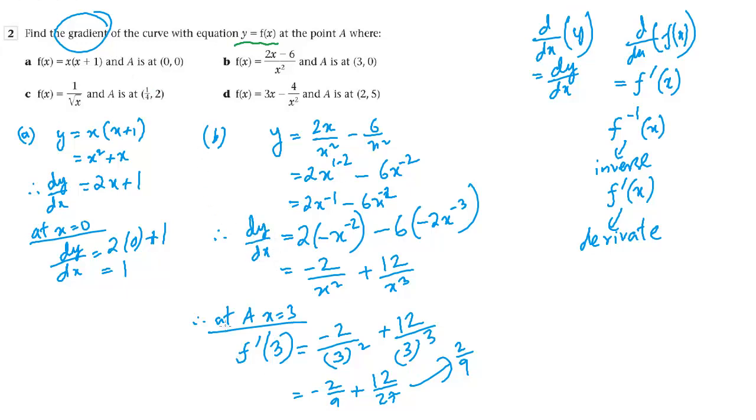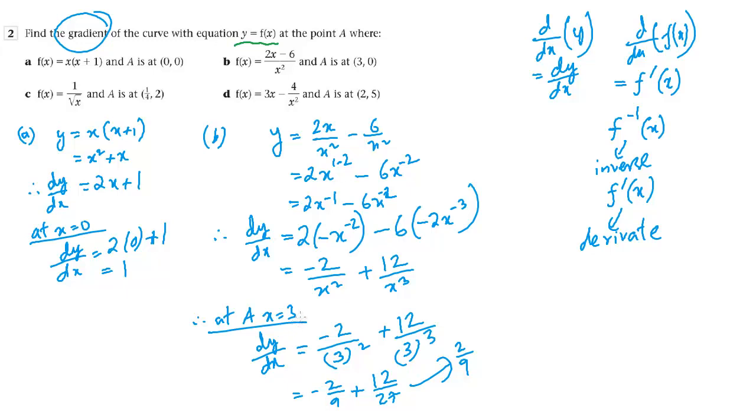Instead of f prime 3 here, we are going to write dy by dx. So see, there is not much of a difference between doing a sum in terms of a function or in terms of dy by dx.